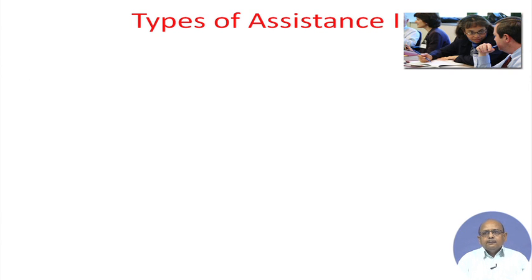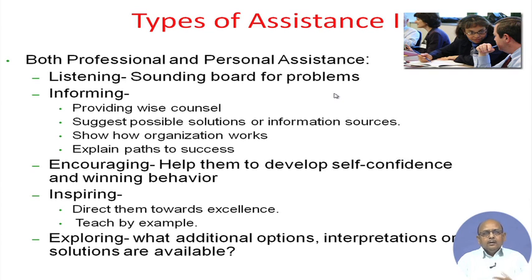So, what kind of assistance is provided? If you look at this picture, what does it suggest? It means that some kind of advice is being given by the mentor to the mentees, how to perform the job. So, this may include both personal and professional assistance. Listening is more important, that is, being a sounding board for problems.